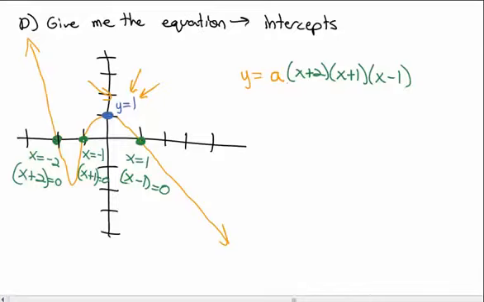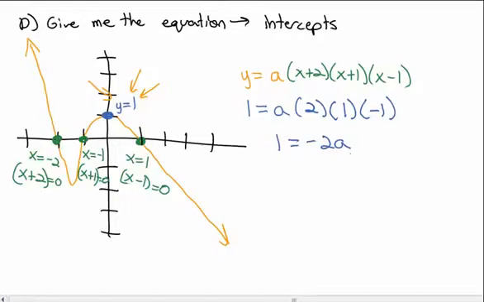And the only way to find that a is to use another point on the graph, usually the y-intercept. So here the y-intercept is 1, so y equals 1 when x is equal to 0. We don't know what a is, but if x is 0, we have a times 2 times 1 times -1. Or cleaning it up, -2a is equal to 1.